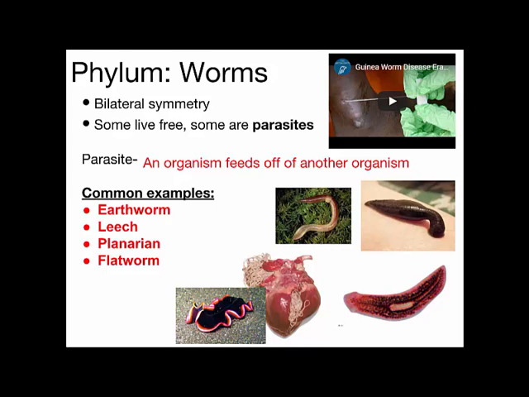It burrows to the skin and forms a little bubble on the skin, and then it has to be removed. They wind it around a little stick or a piece of gauze, a little at a time, and slowly work the worm out of the person's skin. You can't just pull it out. If it breaks off, it can cause an infection inside the skin. So they have to slowly remove it from the person.